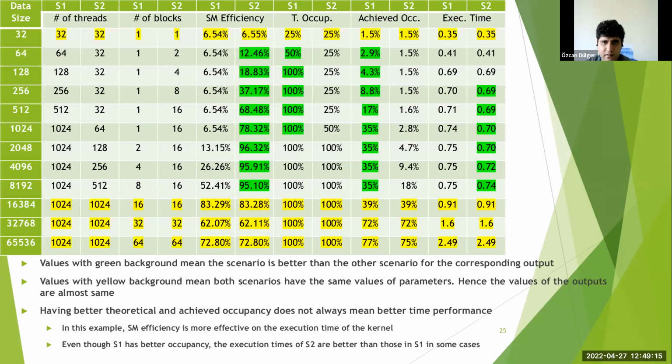Okay, let's examine the output, the result. I will show you in a table. These are the number of threads for each scenario. This is the data size. Then I will show you the number of blocks of both scenarios.